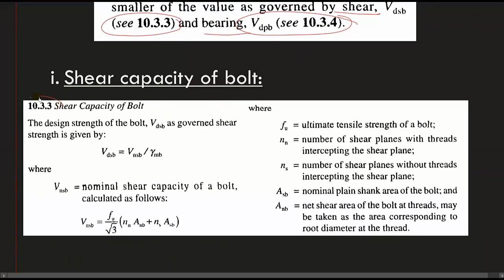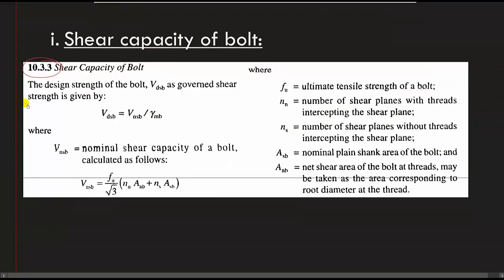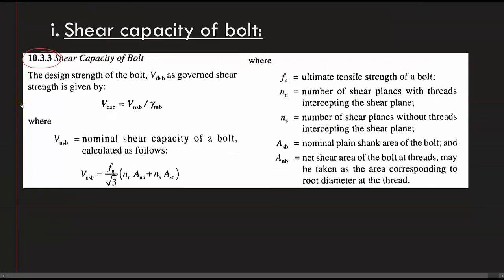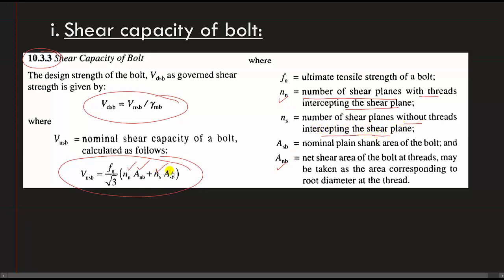So clause 10.3.3 gives me some formulae to calculate the shear capacity of this bolt. So these are the formulae that can be used. In this case, Nn is the number of shear planes intercepting the thread. So Anb is the net shear area, that is 78%, and Ns is the number of shear planes without threads intercepting the shear plane, and Asb is the nominal plain shank area of the bolt.